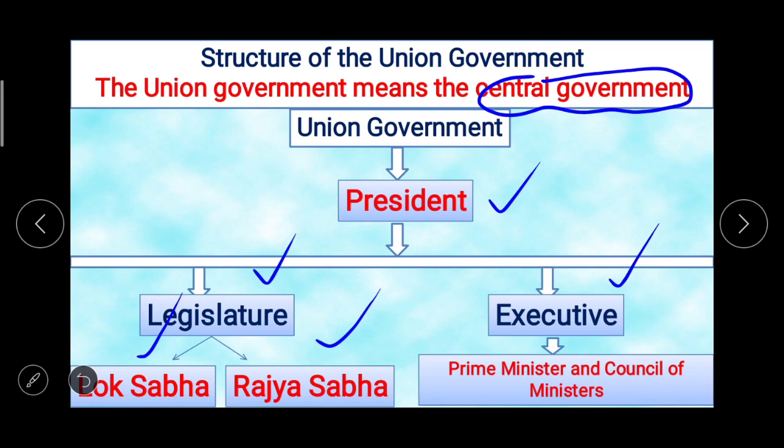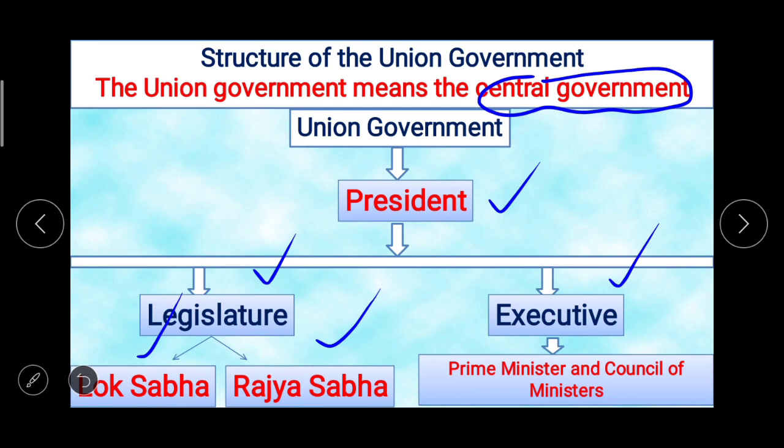So in a parliamentary system, the executive is part of the legislature and is responsible to the legislature. When we learn about the executive, it is important for us to understand who are included in the executive, what are the constitutional provisions relating to the executive, and what is the process of policy making for public welfare.